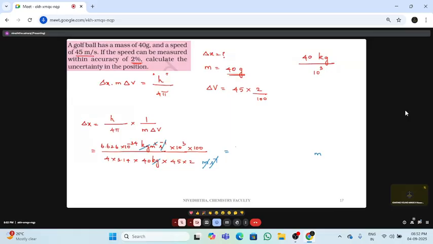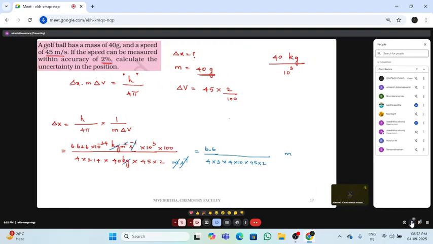So 6.6 in denominator we have 4 into 3.14. I've just rounded off to 3. 40, 4 into 10, 45 into 2. And numerator we have 10 power minus 34, 10 power 3 plus 10 power 2. It is 10 power 5.